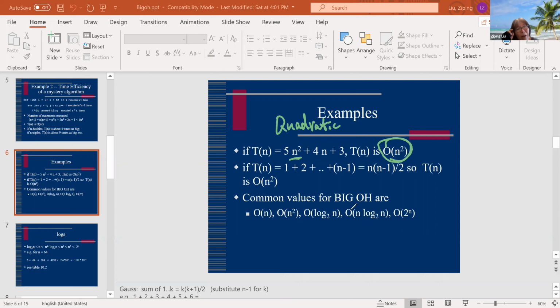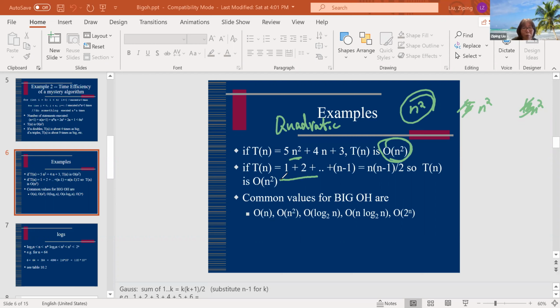We care about the level. Is it a linear level, log level, or quadratic level? That's why we just pick the highest order term. So n squared versus 5 n squared versus 10 n squared doesn't matter. It's all just n squared.